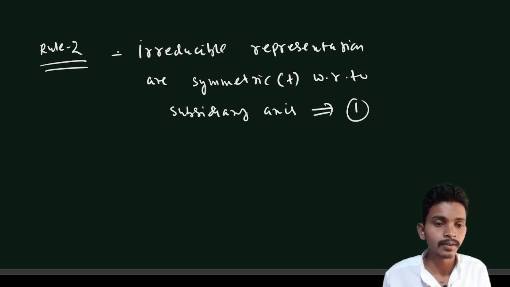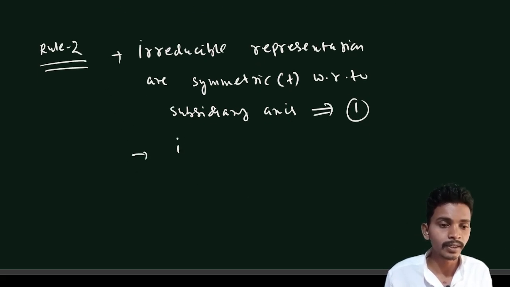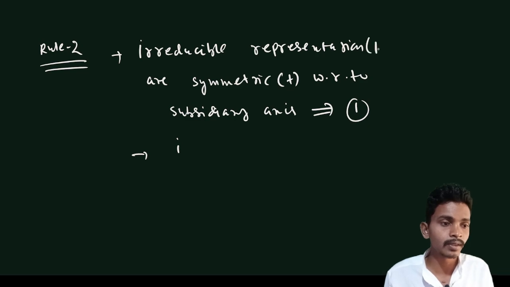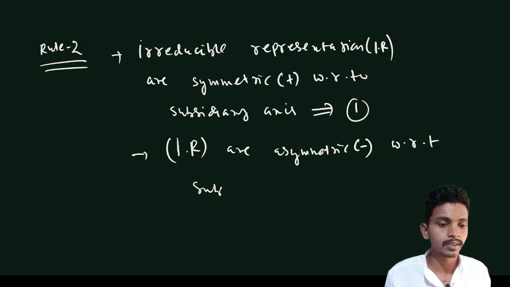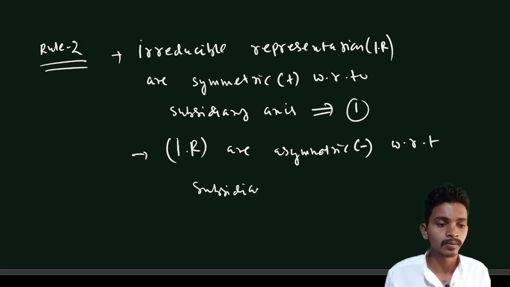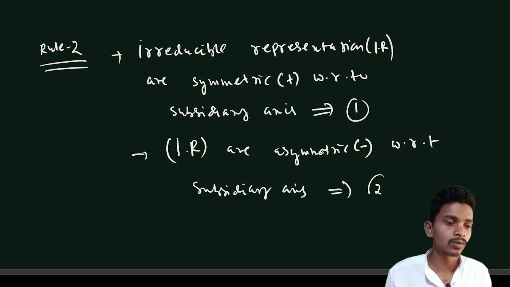And if the irreducible representations, IR, are asymmetric, meaning negative with respect to the subsidiary axis, then I will use 2.